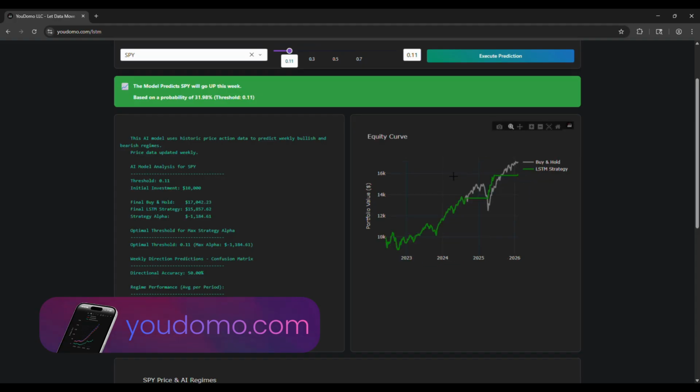We can see the directional accuracy for SPY is 50%, so there is no edge in this example. I want to show you this because of transparency. I want to ensure that you understand that these are AI models. They are not perfect. However, we can still glimpse some price action movement behaviors through these AI models.